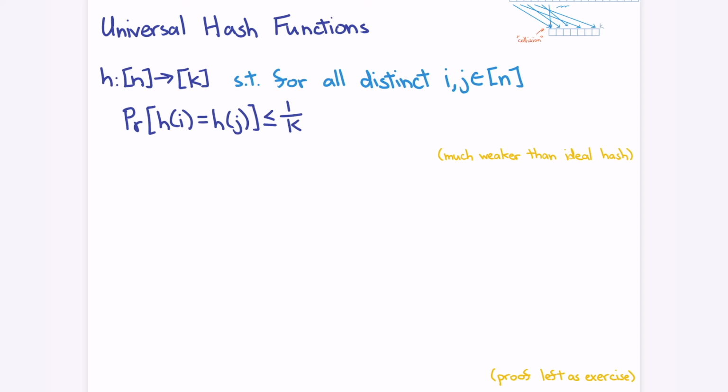No, because this needs to hold for all pairs i and j. Yeah, and to be clear about the randomness, h is a function that you randomly construct once. That makes sense. So that probability is over the randomized construction. Pick i and j ahead of time, you create some function h, then you check.